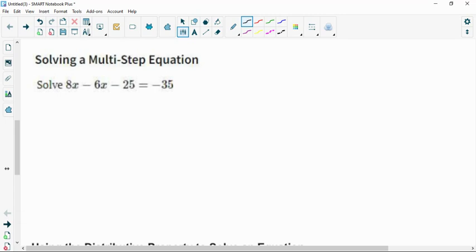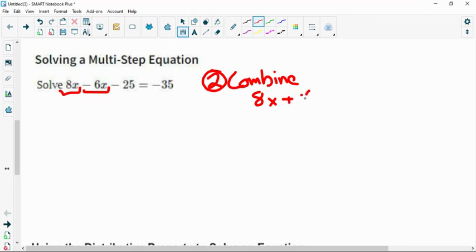There are no parentheses, so now I can look and see, can I combine like terms? I can. The 8x and the negative 6x can be combined, so that's where we're going to start. Combine like terms. It means we have to actually add together 8x and negative 6x.